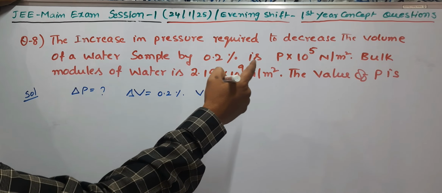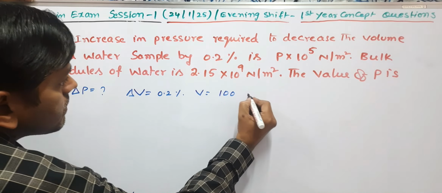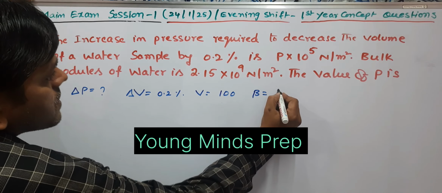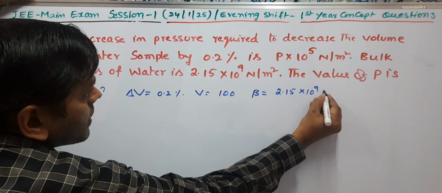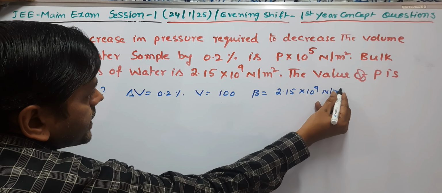What is given? The bulk modulus is given, 2.15 into 10 power 9 Newton per meter square.